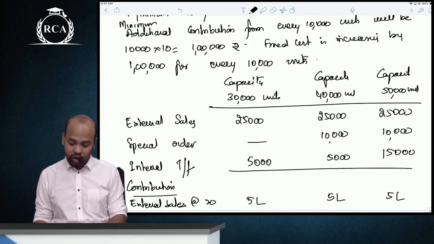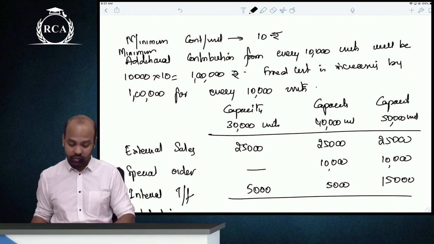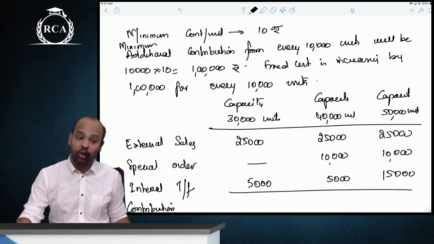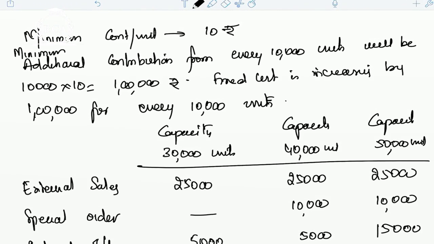Now, guys, it is your job to copy all of this. I have already explained about minimum contribution as such, beta. Please do all of this. Copy, guys. While you copy, beta, please try to understand all of this again.